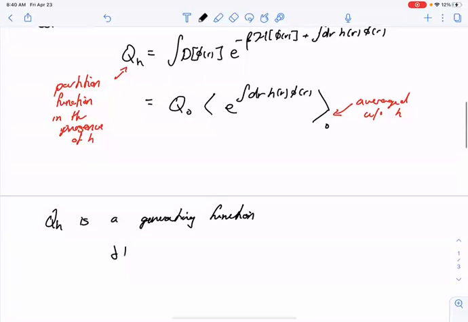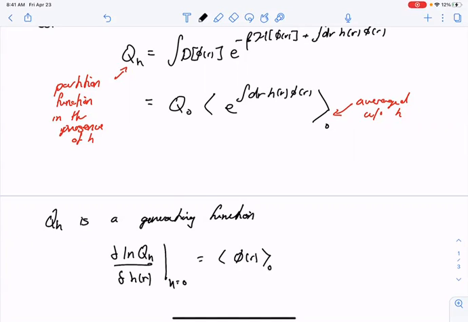Namely, if I took a derivative of log of QH functionally with respect to the field at one point, I then set the field equal to 0, I will generate the cumulants of the field. The first of which is just the average value of the order parameter as a function of space.